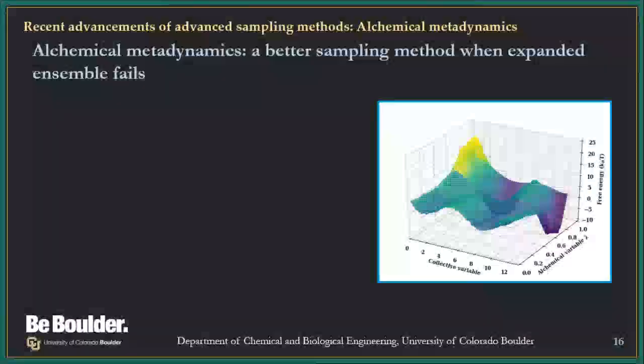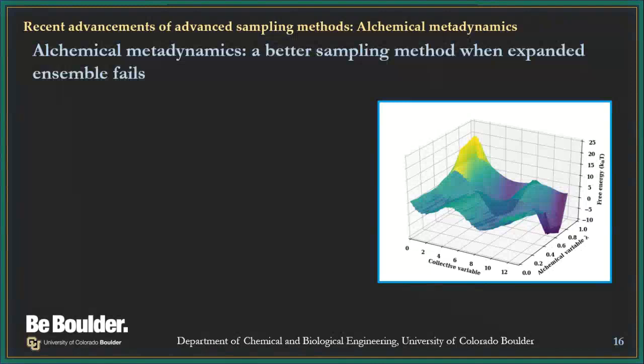So I've just shown you the difficulty of selecting collective variables, and there are still other problems in other advanced sampling methods. As I mentioned, the expanded ensemble method, using a series of intermediate states, is able to circumvent the need to define a set of collective variables.